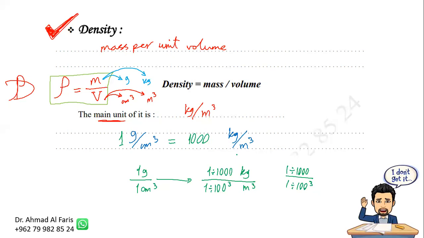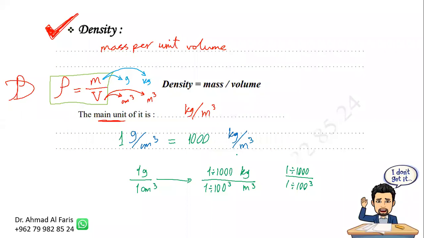Guys, look at me, turn on the camera on me. In 1 centimeter cube, this size, this is 1 gram of water. But the main tank of water above your building, above your house, is 1000 kilograms. If it's 1 meter cube, 1000 kilograms; if it's 2 meters, 2000 kilograms.